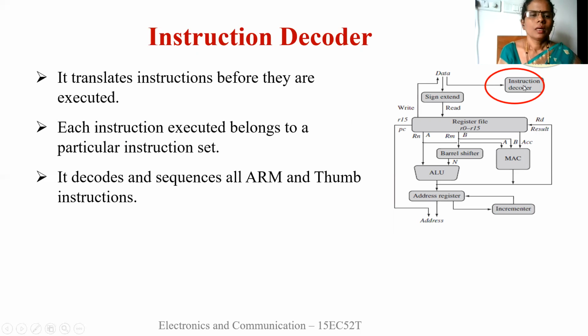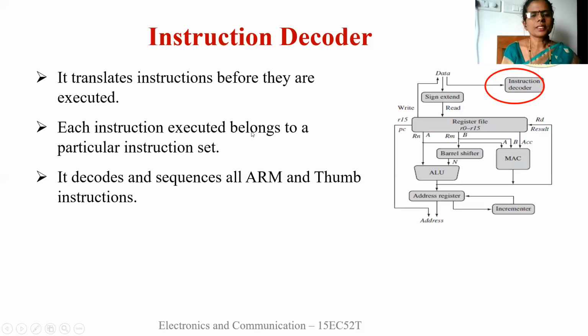Without translating, you cannot execute the instruction. The programmer writes the program in assembly language, which is a human understandable language. The computer cannot understand assembly language or a high level language. It understands only machine language. So we should convert the assembly language into machine language. That work is done by the instruction decoder.